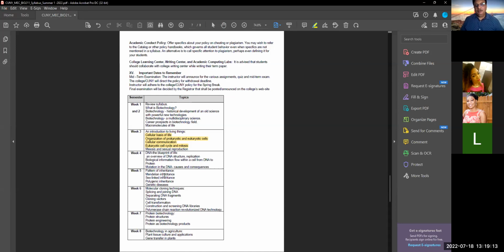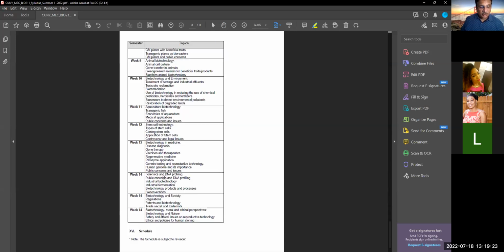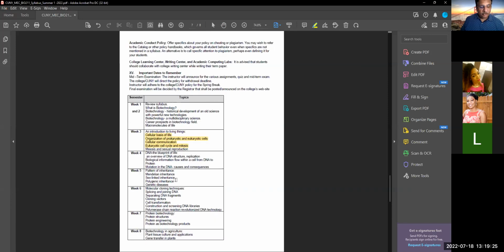So from Mendel to human genome to technology, right? This course will try to take you through that. Basic knowledge, applied knowledge. Day 6, we'll talk about recombinant DNA technology like cloning, what vectors are used, how a recombinant insulin is produced, and so forth.